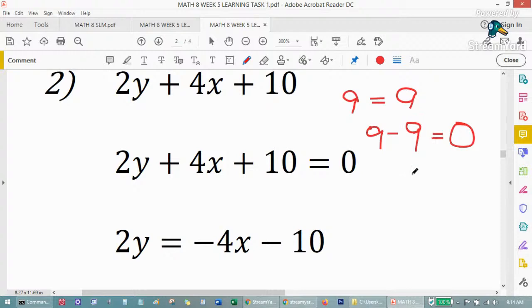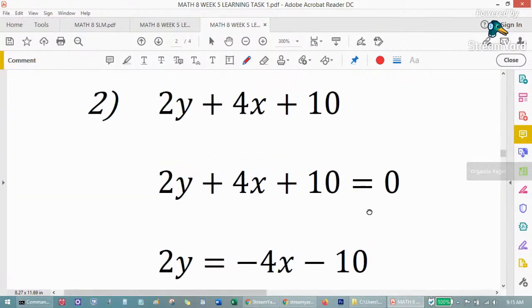And then 9 minus 9 is 0 equal to 0. So, that's why ang right side is equal to 0 kasi kapag yung lahat ng nasa right side ay nilipat mo sa left side, then that should be equal to 0. Okay, so continue. So, ang unang ginawa natin is nag-equal to 0 tayo.